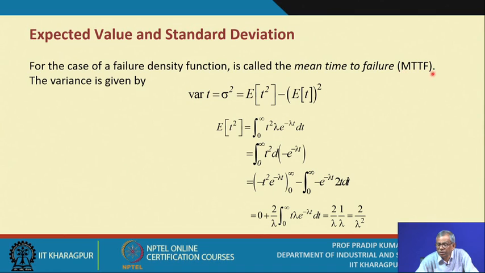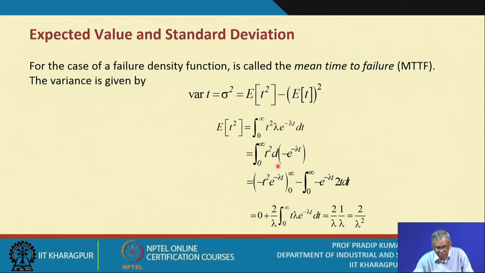The variance, sigma square, is E of t square minus E of t whole square. E of t square is the integral of t square lambda e to the power minus lambda t. Simplifying by integration by parts, you get 2 upon lambda square.